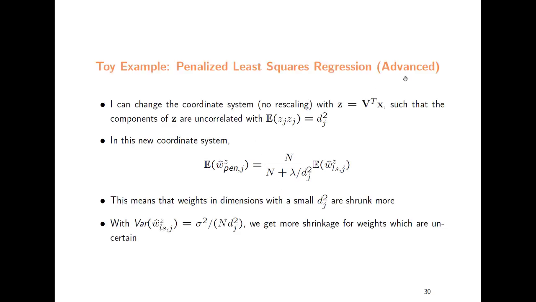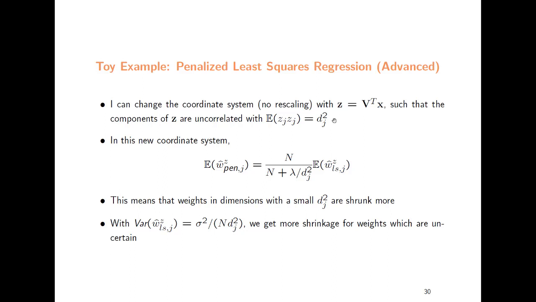But there's a little bit more advanced analysis, which is interesting, but maybe something you don't have to completely understand on this round. So let's say we are transforming our input to another vector, z, by a matrix V transposed, such that the components of z are uncorrelated. So now we have really independent inputs, and the variance of the inputs is dj squared.